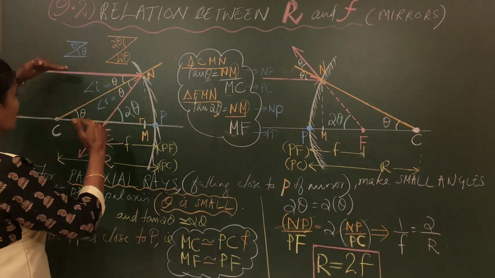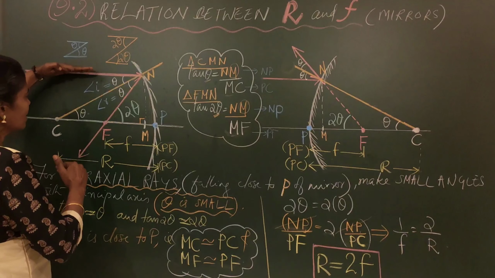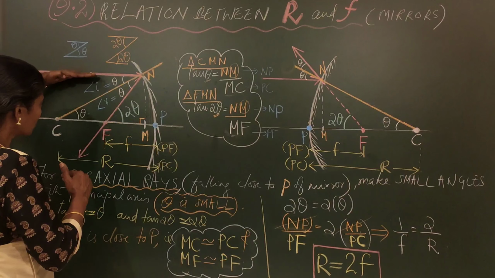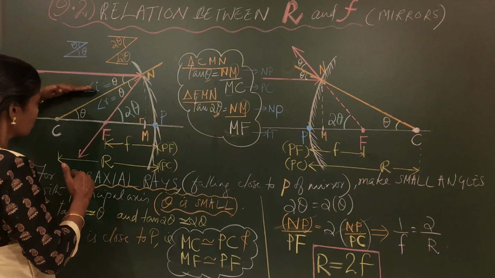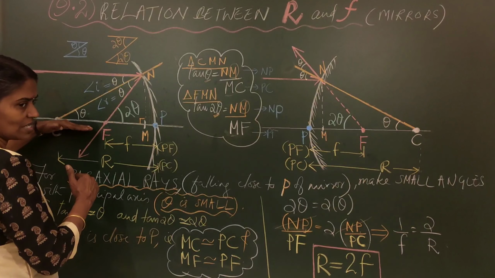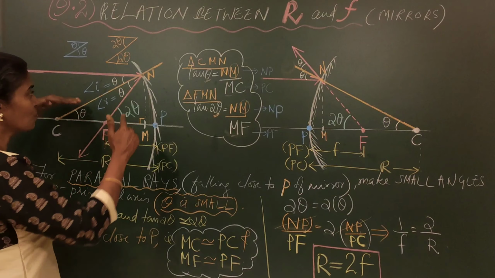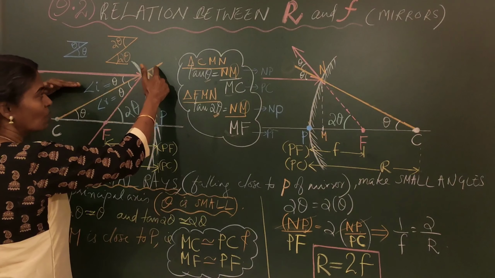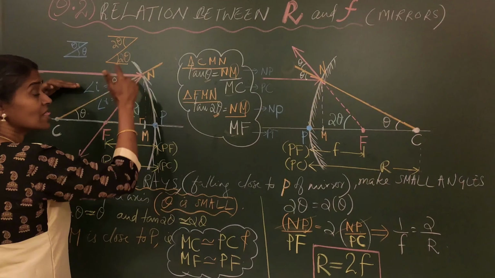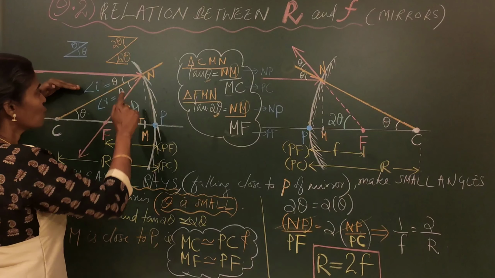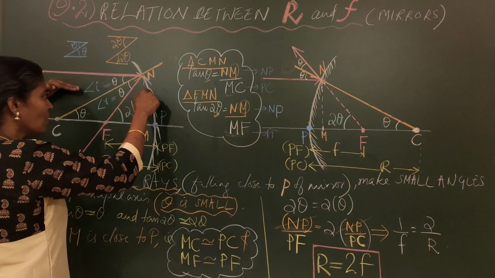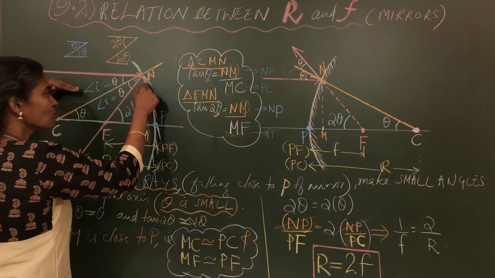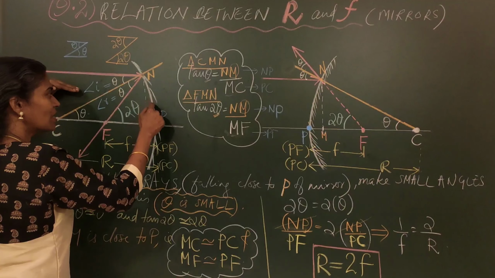Now come along. If this is the paraxial ray, suppose the magenta line is coming closer and closer and closer to the principal axis. At that time, what happens to the normal also? I draw a normal at the point of incidence. So when the magenta line is walking along in this manner, my normal also has to walk in this manner.